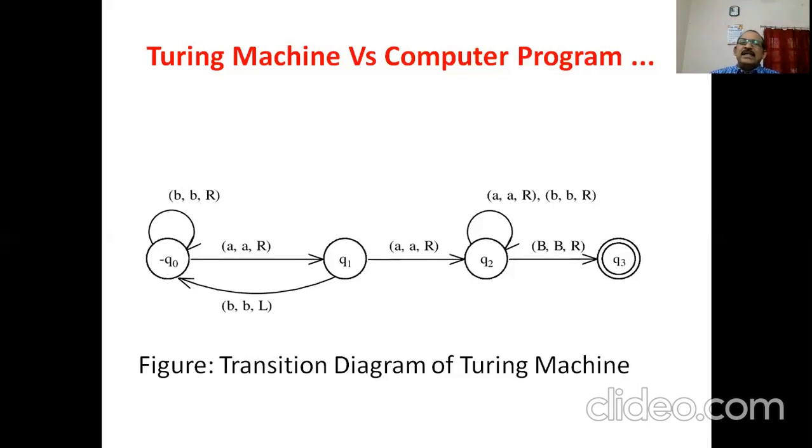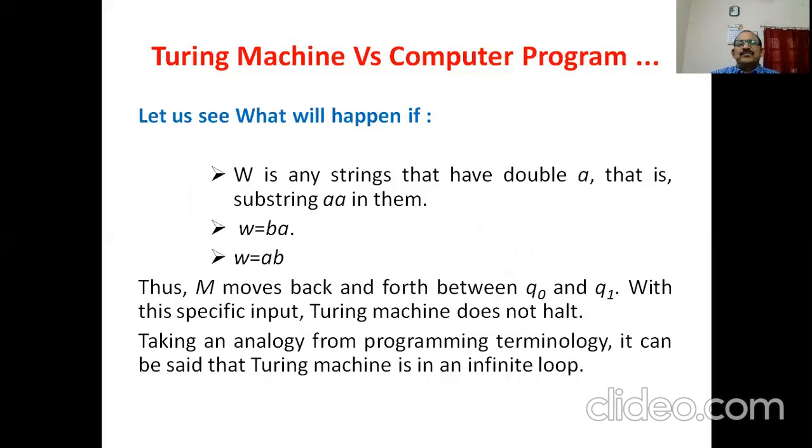In other words, we can say every Turing machine over the alphabet sigma divides a set of strings, that is sigma star, into three classes. Again, I am repeating this statement.